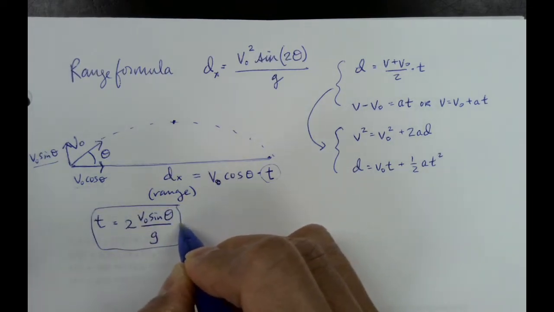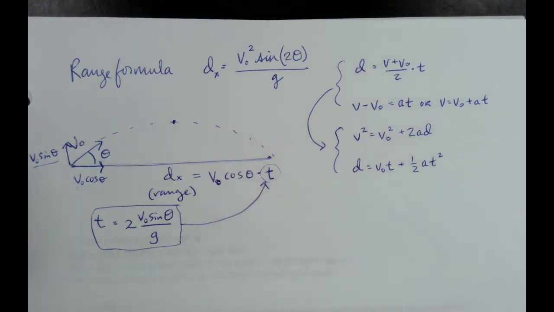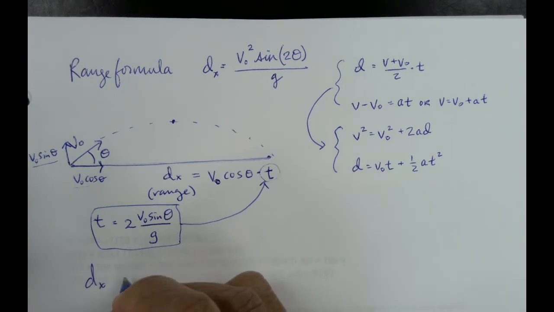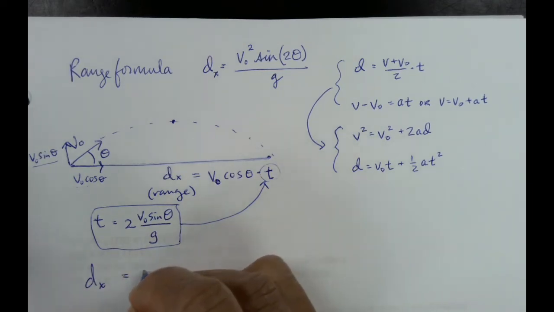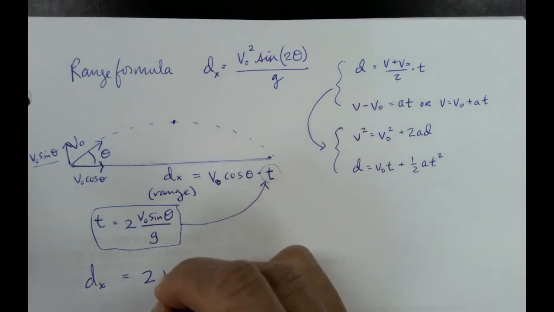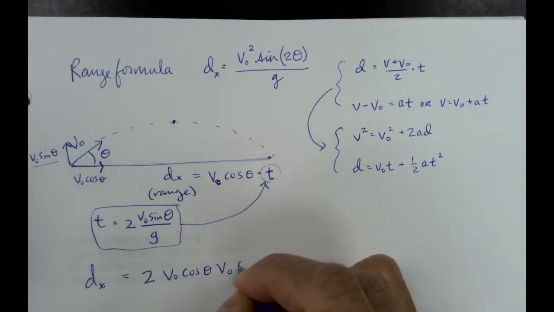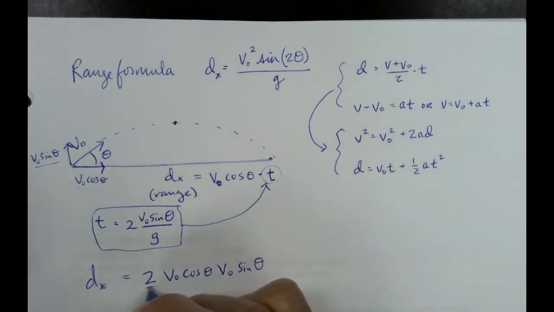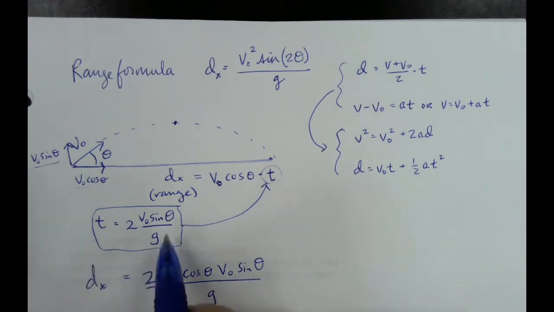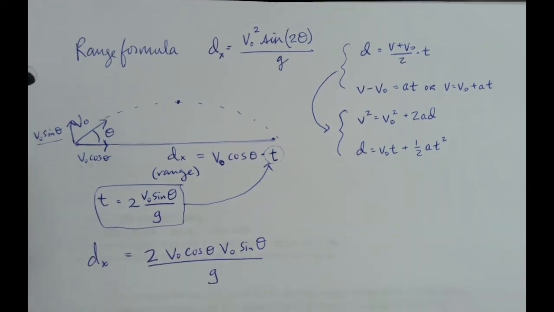Only now if we take this and substitute it in for t, then we have range equals, I'll put the 2 out here, v naught cosine theta, v naught sine theta over g. Right, so there's v naught cosine theta, there's my 2 v naught sine theta over g, which comes from my time.